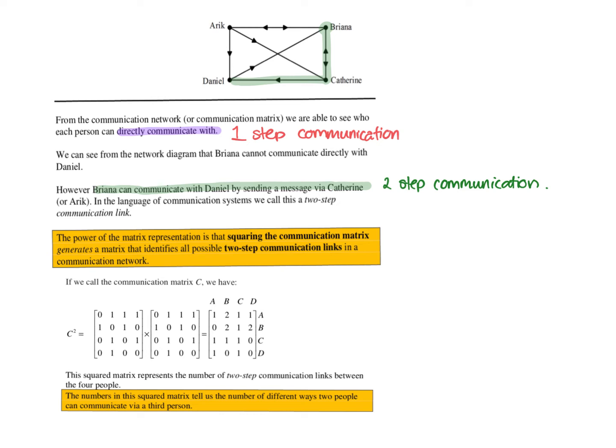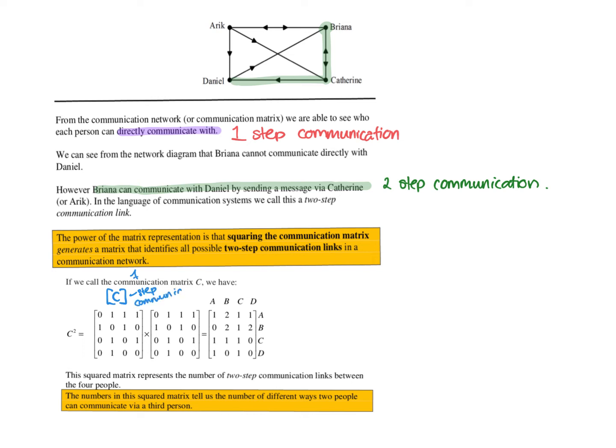Okay, so the power of the matrix representation is in the squaring of the communication matrix. So here we've got our setup. They found this was our first communication one. So we might want to write this was 1-step communication here.